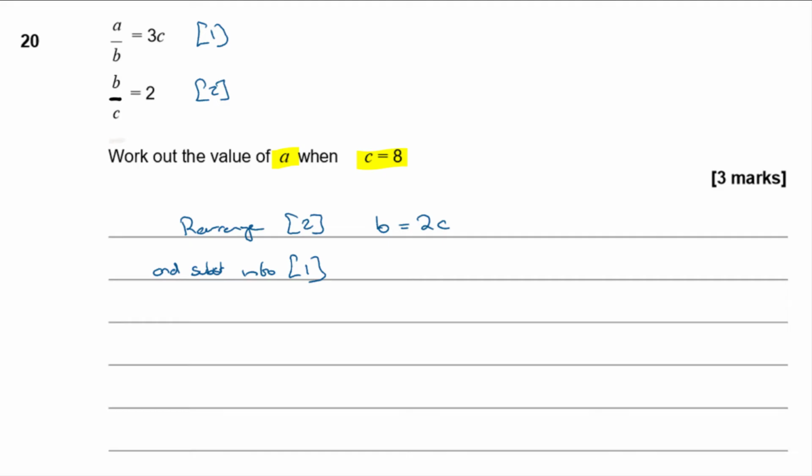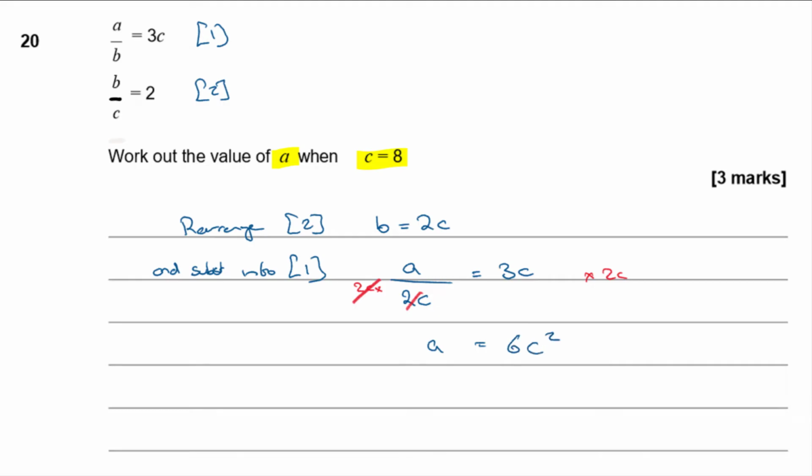What's that going to give me then? So a over b, well, b is now 2c, so a over 2c is equal to 3c. Okay, so then multiplying both sides by 2c, the 2c's are going to cancel, leaving you with a on the left, and then 3c times 2c, that'd be 6c squared then, isn't it?